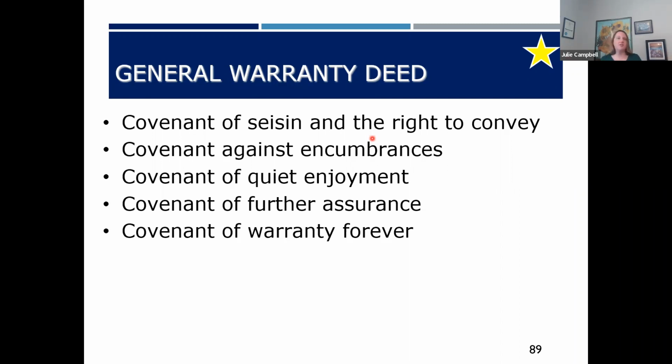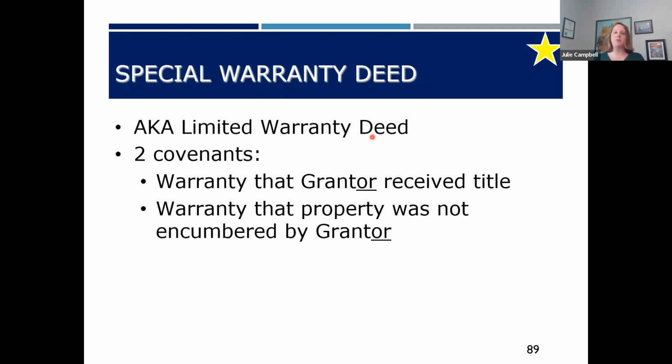We have other types of deeds, though, for certain circumstances and situations. Another type of deed that we may see is called a special warranty deed, which can also be referred to as a limited warranty deed because it's just that. The covenants, the warranties, are limited. It's not as protective for the grantee.